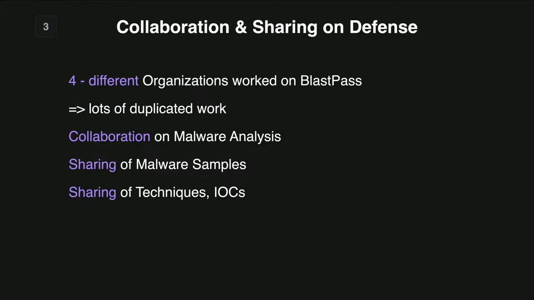If companies could start collaborating on malware analysis, sharing of malware samples, and sharing of techniques and IOCs, we could all detect more stuff collectively, find more threats, find more exploits, patch the stuff, and make iOS better for everyone.